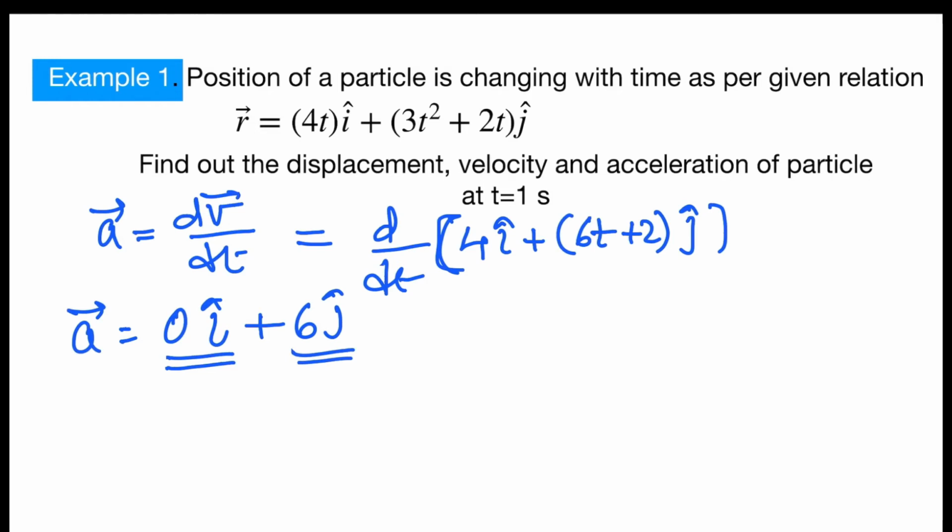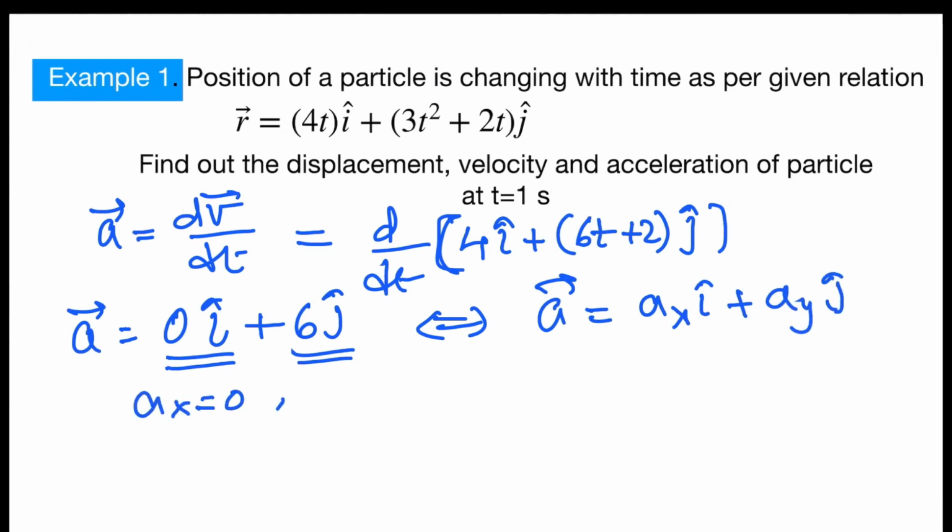So it means the particle is moving with a constant velocity in x direction and with an acceleration in y direction. If you compare this equation with ax i plus ay j, you will get ax equal to 0 and ay equal to 6 meter per second square. So acceleration in this case is only unidirectional, in y direction.